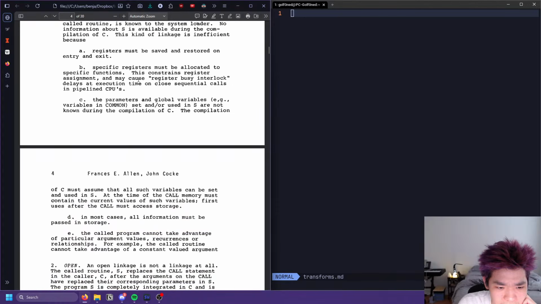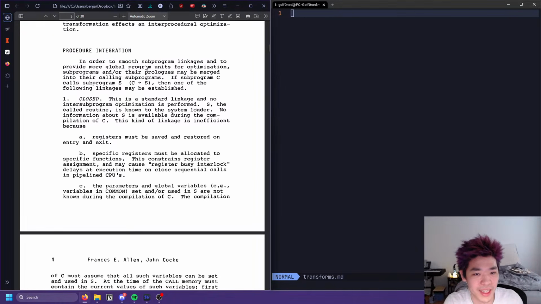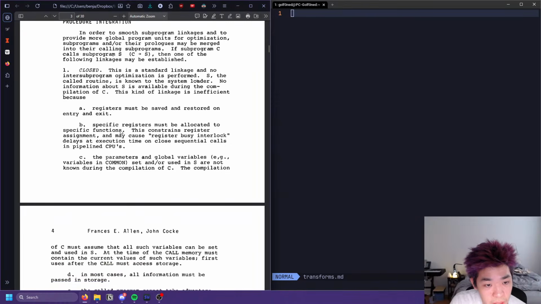Wait, what is this? Is this talking about just generally linking, or is this talking about inlining? So closed linkage, this just seems like a standard linking experience.